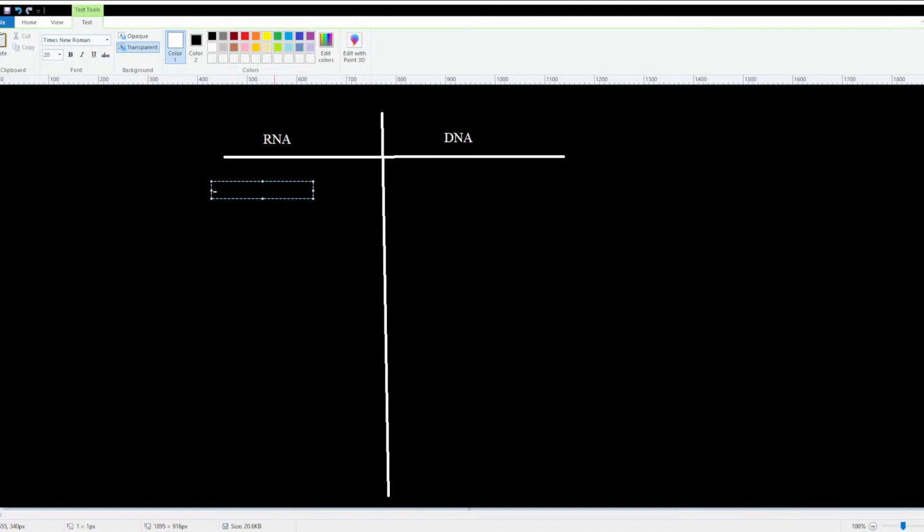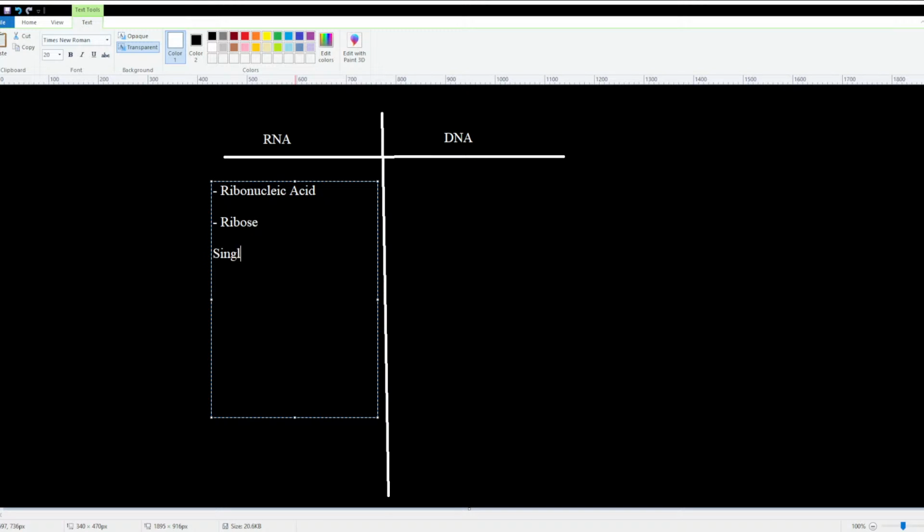RNA stands for ribonucleic acid, right? That tells us that RNA consists of ribose.